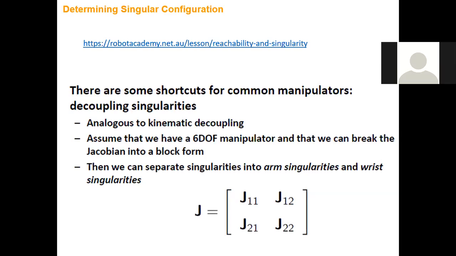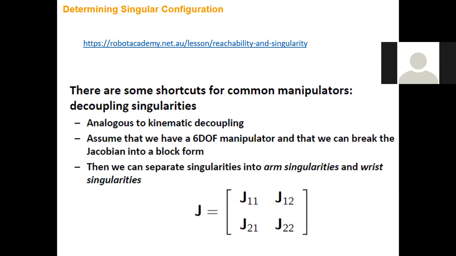So in general, what is the dimension of the Jacobian? 6 by n, right? So it would just be 6 by 1? No, 6 by n. n means the number of joints, right? So 6 by 6. Exactly.